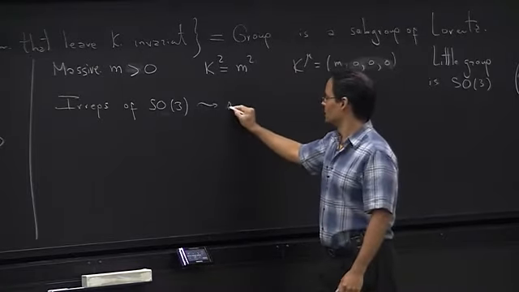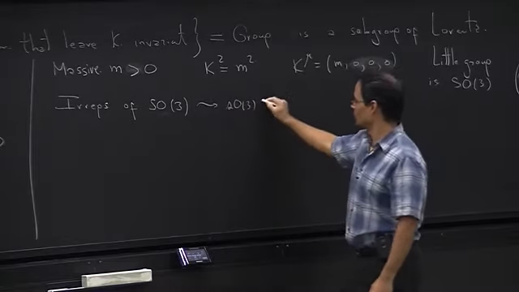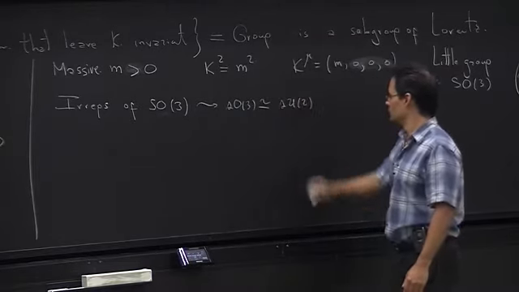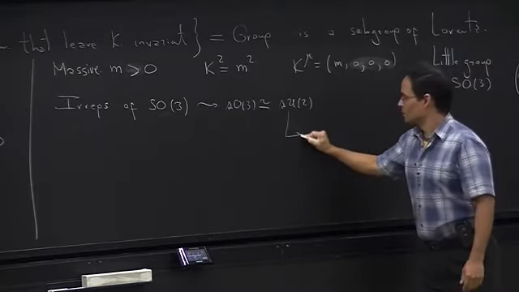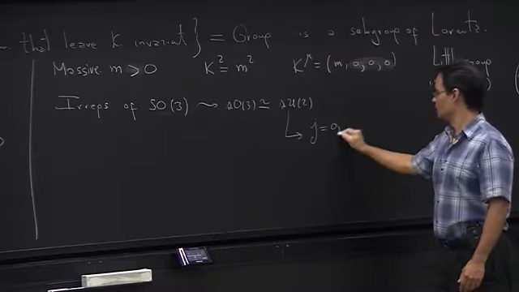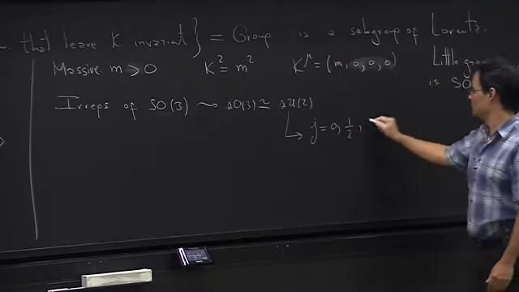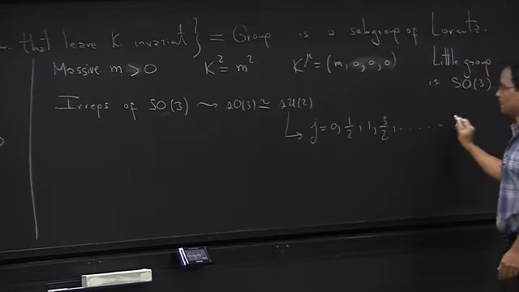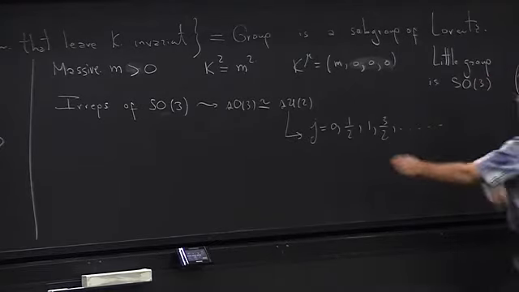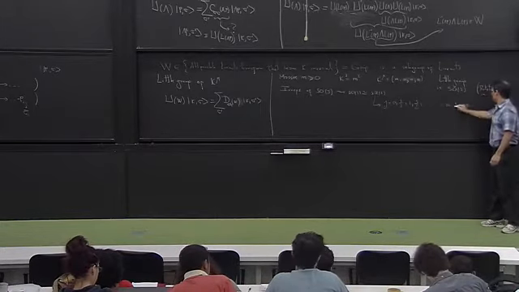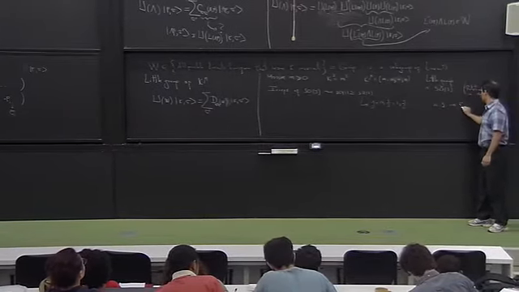So you start by classifying the representations of the algebra of SO(3), which is isomorphic to the algebra of SU(2). These representations are classified by a quantity J, which can take half-integer values. People like to call this number S, and it's precisely what is called the spin of the particles.